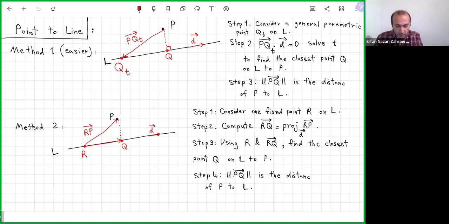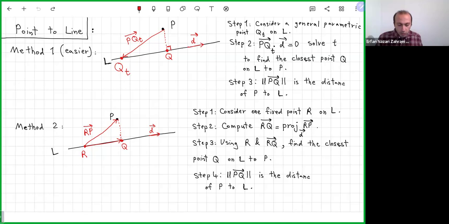This time, instead of considering a parametric general point on the line, I consider just one fixed point on the line, with completely numeric values. Then I again connect this to the point P, and I consider the vector RP. Of course, R is not necessarily the closest point to P, and this is not giving me the distance.